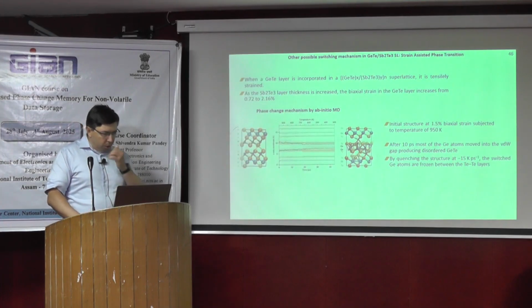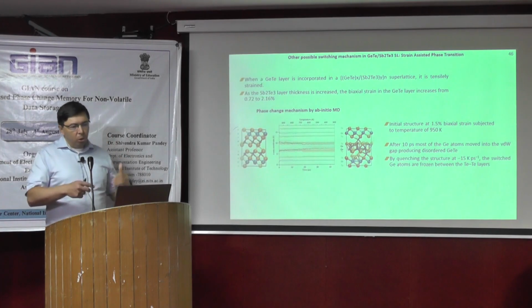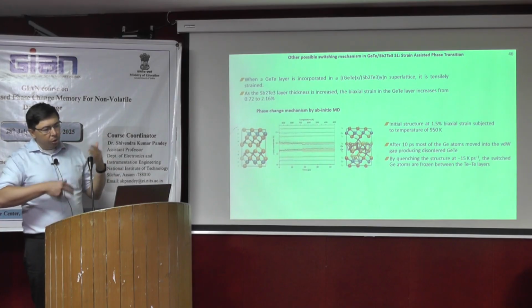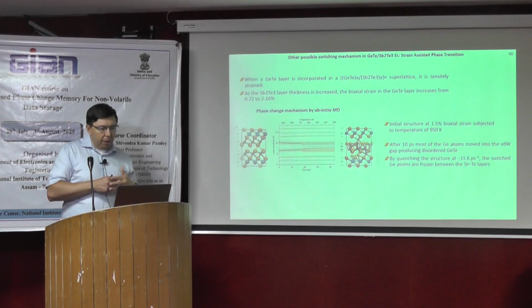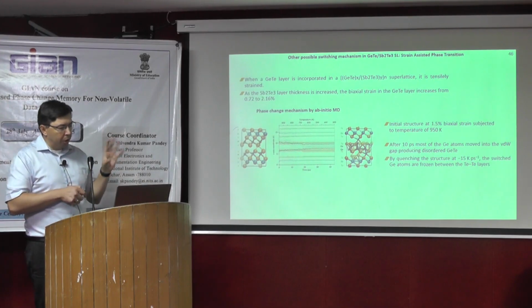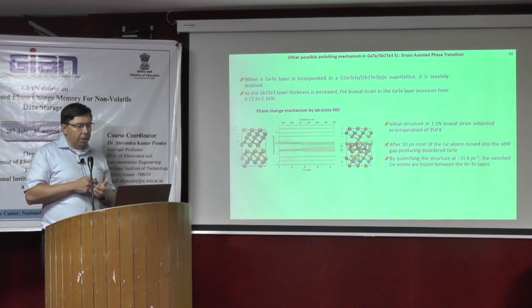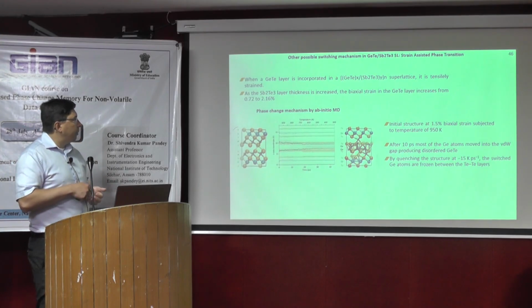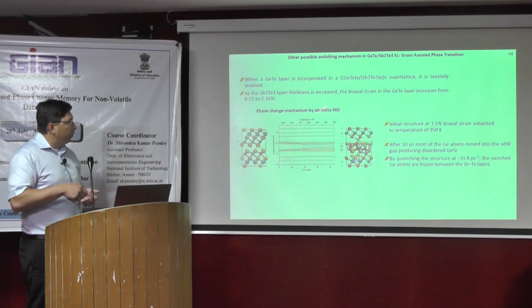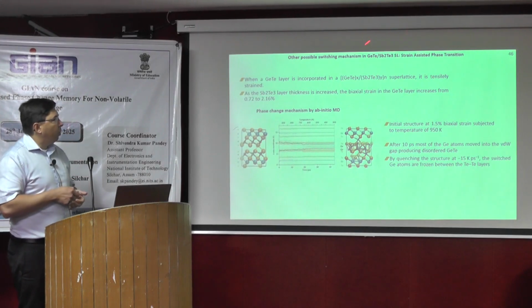Another model which can also be considered, because we have seen that they can also change strain in the superlattices by formation of such vacancy layers. Then this strain can also impact the amorphization of the material.